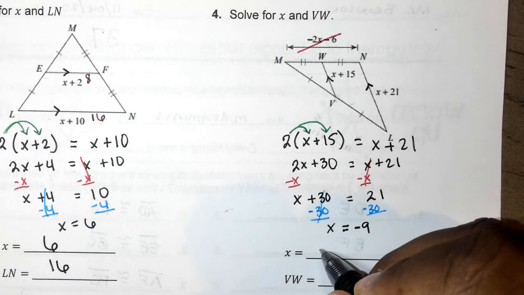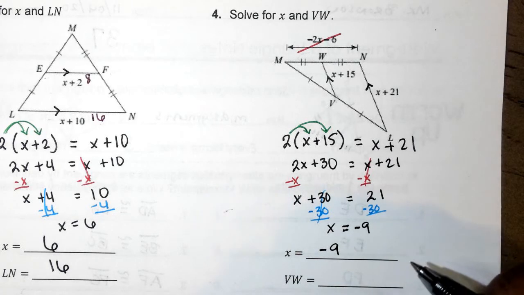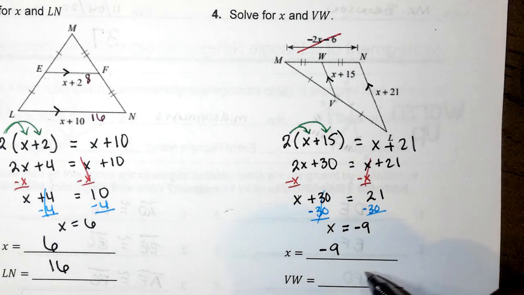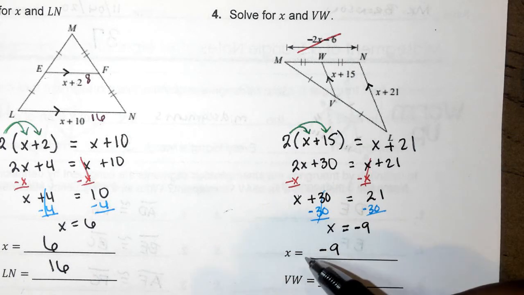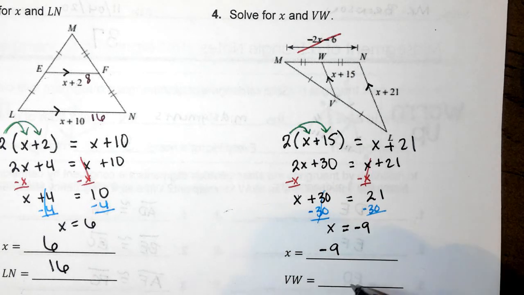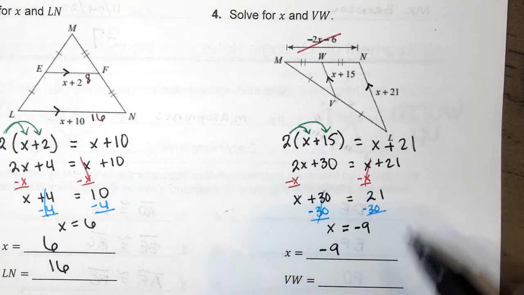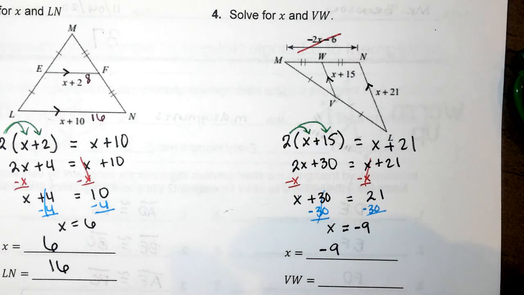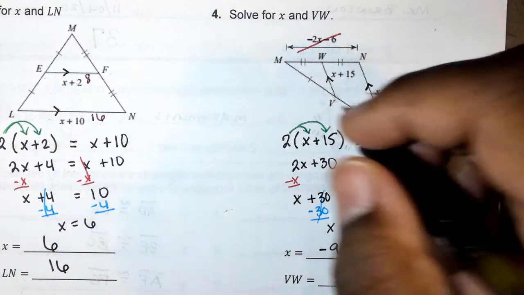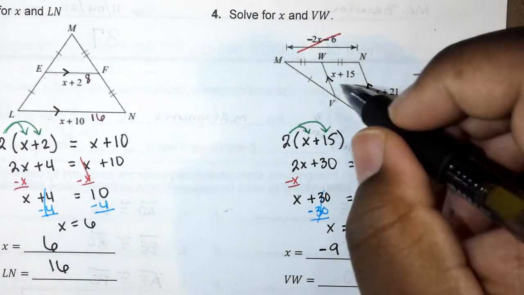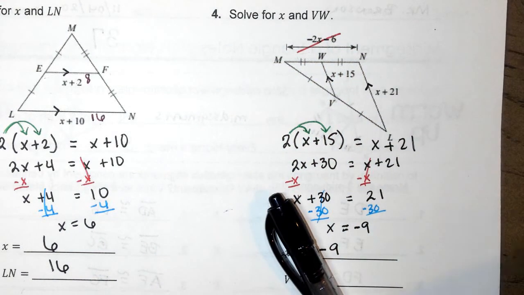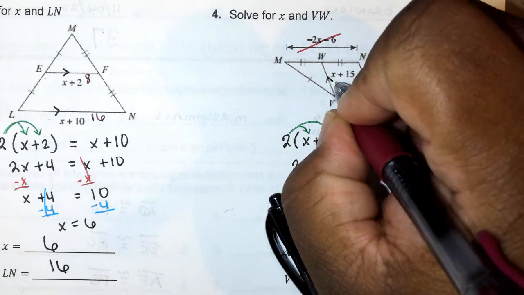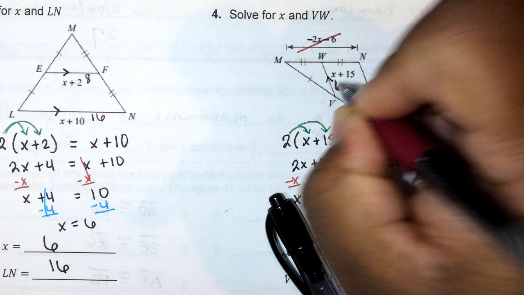I can have a negative variable. I sure can. What I can't have is a negative length for any of my stuff on the triangle. My variable can be negative, but x isn't a length. My length is VW. My length is LN. When you plug in, see if it still works out. So VW is -9 plus 15. -9 plus 15, everybody should know that is 6.